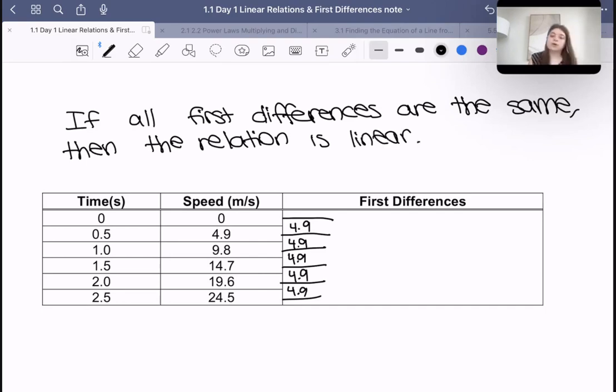Or in other words, what does that mean exactly? The relation is linear. It means that if we put it on a graph, it would be a line. Now, how do we know that it would be a line? Well, the first differences are the same. That tells us that the slope is the same, right?